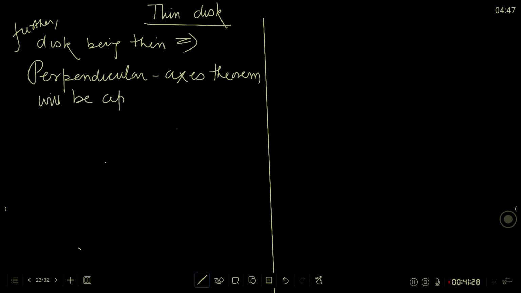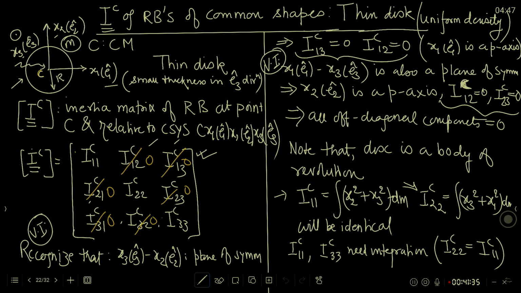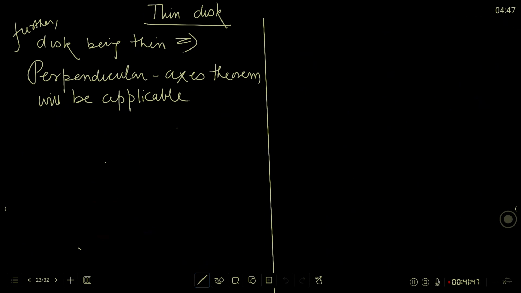So if you go back to the previous lecture and look at the perpendicular axis theorem, what did we prove? What is the theorem about? That theorem tells us that IC33 is simply IC11 plus IC22.